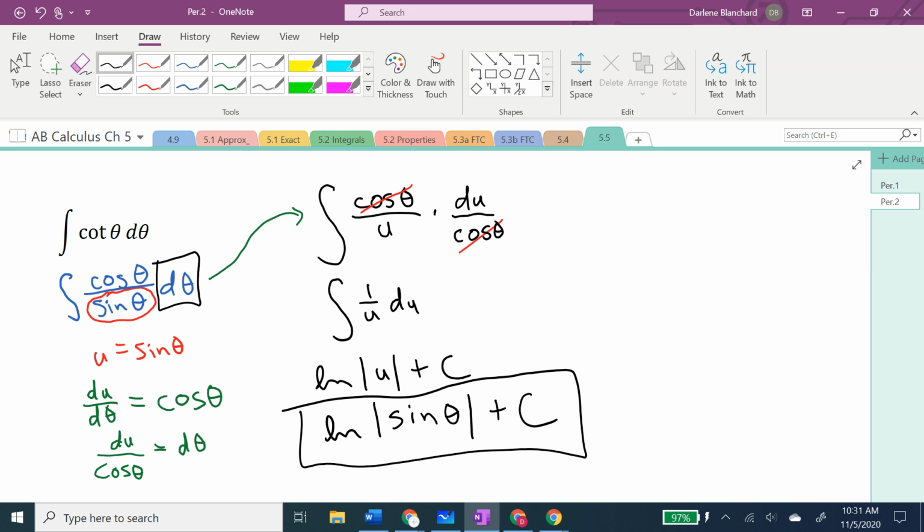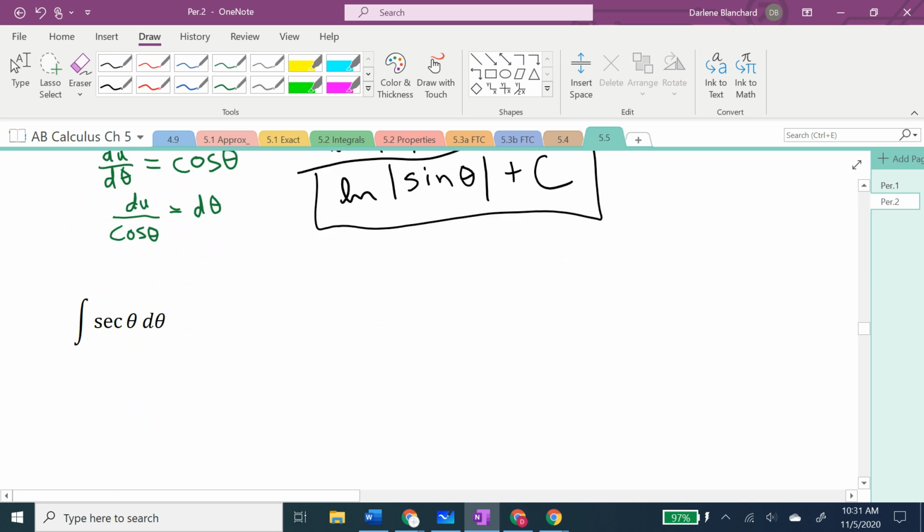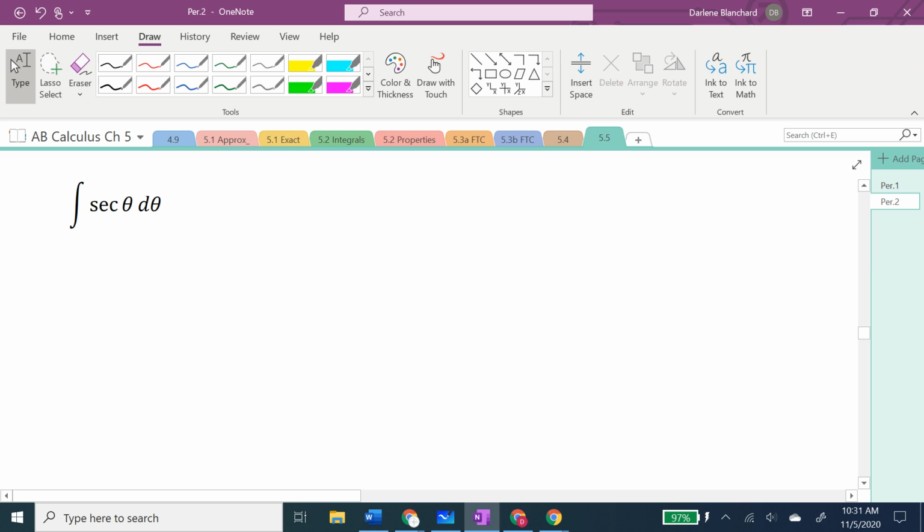So for cotangent, the formula is usually left just like this. Now, for the next two, I'm just going to have to show you real quick why the formula that we get out of this works. You're going to need to memorize this formula, though.